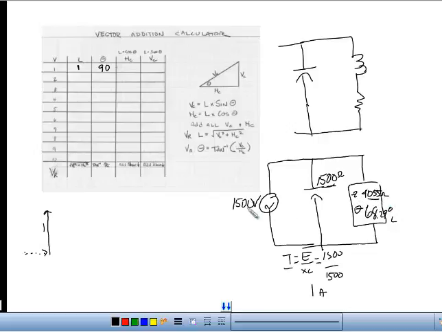Let's see. 1500 volts, 4055 ohms. 1500 over 4055 comes up with something like 0.3699 amps. It's 0.3699, but remember it's at negative, since it's inductive, right?